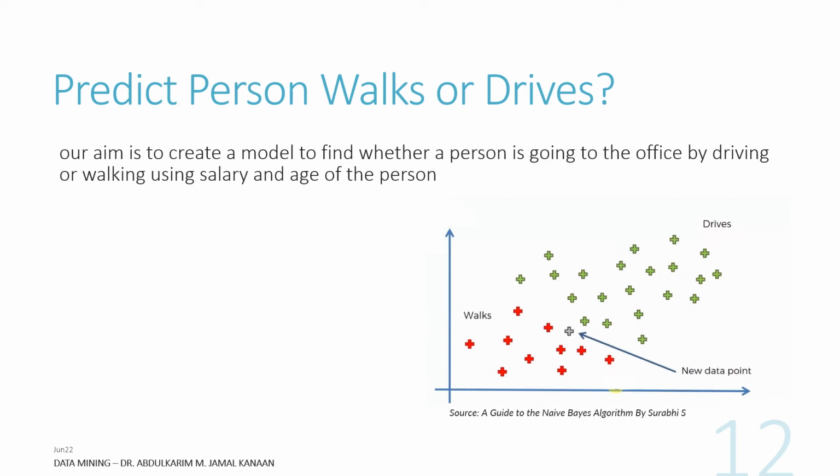In the figure here, the green spots represent the historic data for individuals who went to the office by driving. On the other hand, the red spots represent the individuals who went to work by walking. Now we got a new data point and we would like to predict whether the person is going to the office by driving or walking.